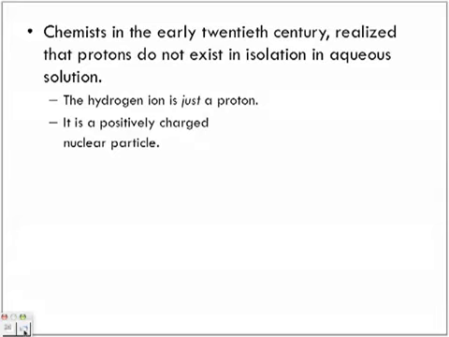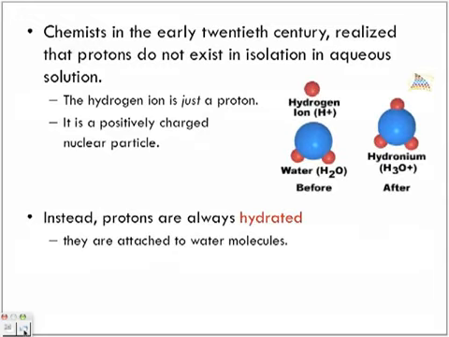So what happens to that? Well, it actually jumps on board with the water. So instead, protons are always considered hydrated. They are attached to water molecules. So here we have our one proton, hydrogen. Here's the molecule water. It's going to combine with the H2O to form this compound called the hydronium ion, H3O+. Why is it positive 1?